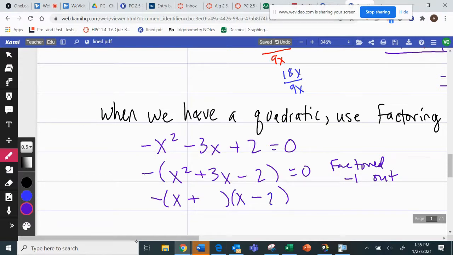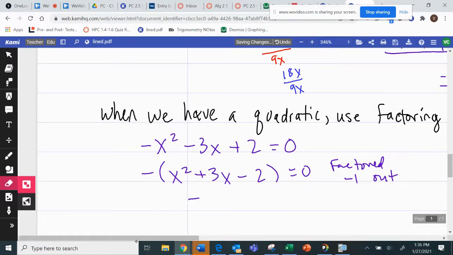But it doesn't matter where I put my 2 or my 1. There's no way that when I multiply it back together I get a positive 3. There's no possible way. So that tells me I cannot factor this one. I have to use a different method.